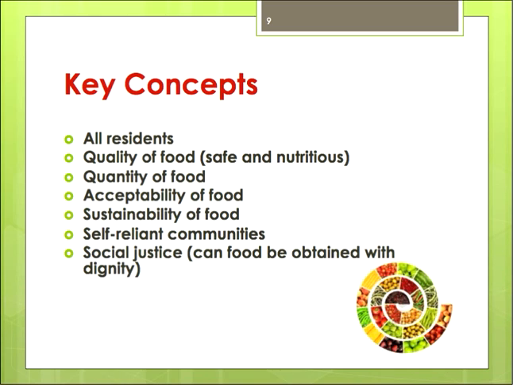So we're not looking at just growing or having food today, but also future practices, ensuring that will be viable, and that food comes from self-reliant communities, and that we can all obtain our food without having to compromise our dignity. Next slide.